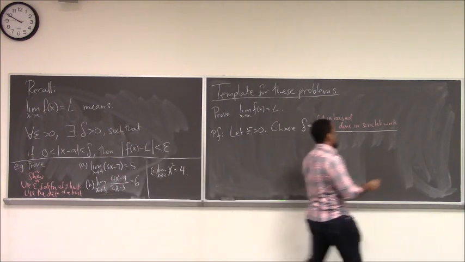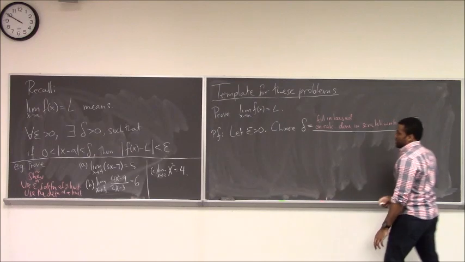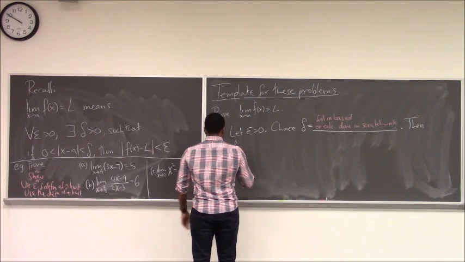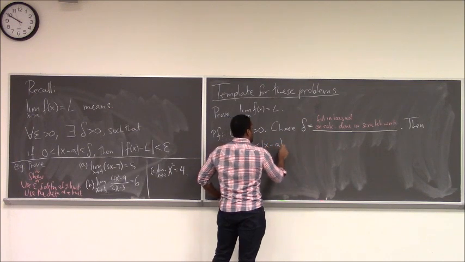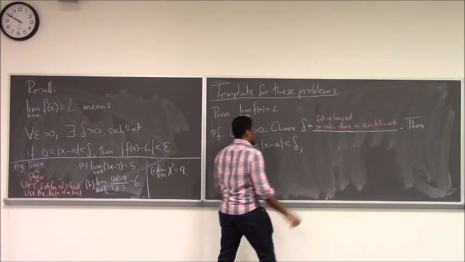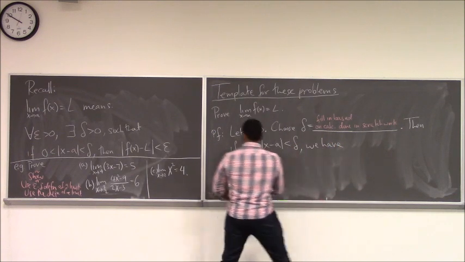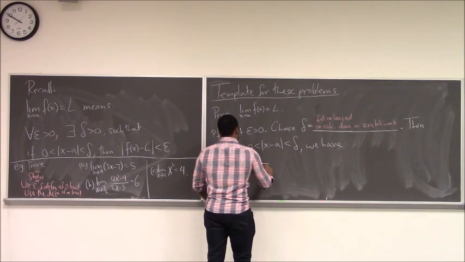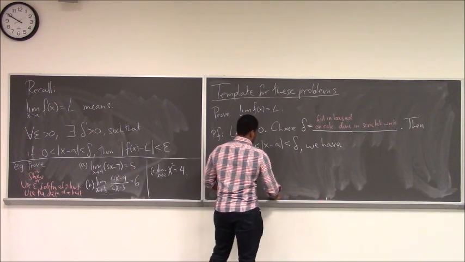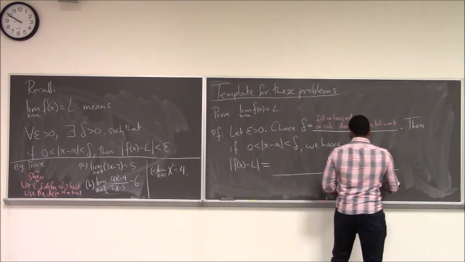And then you're going to say, then, if x minus a is less than delta, we have f of x minus L equals, and here you're going to do a bunch of calculations.